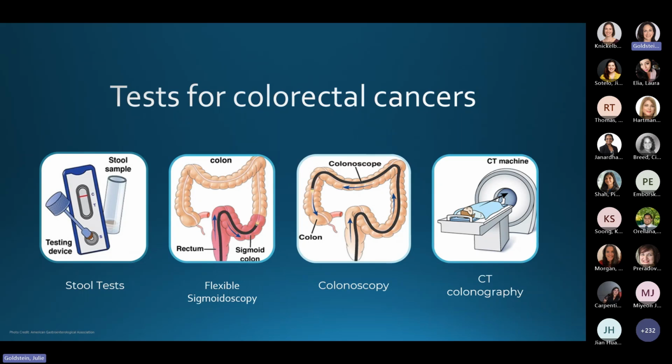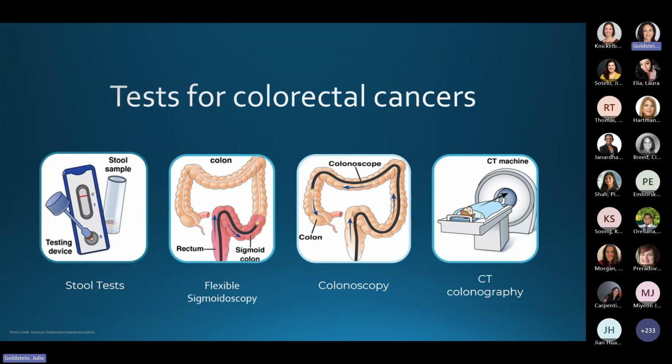And the third picture, we have a picture of a colonoscopy, which is the gold standard for colon cancer screening. So this is a test where something called a colonoscope, which is a flexible tube with a camera on the end, is inserted through the rectum and goes the whole way through the large intestine. So it goes from the rectum all the way through the ascending colon.